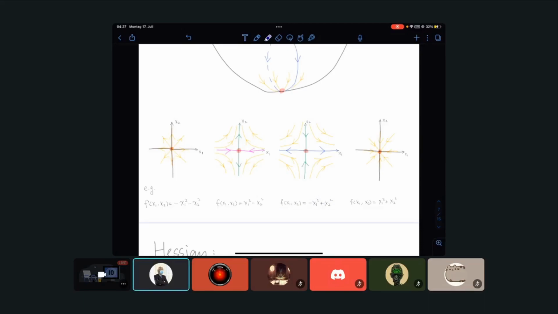You can check that easily: restrict x1 to be 0, and then you see x2 squared, and when x2 goes up, the value goes higher. And then the very bottom, no matter where you come from, eventually will converge to this final critical point. The function will be just x1 squared plus x2 squared.